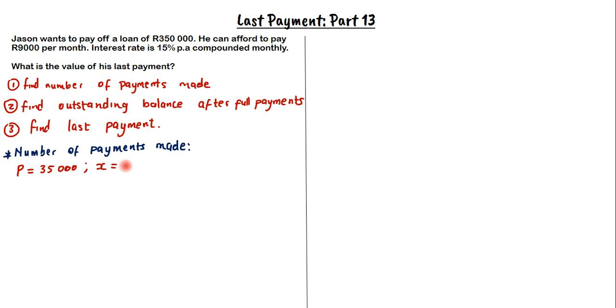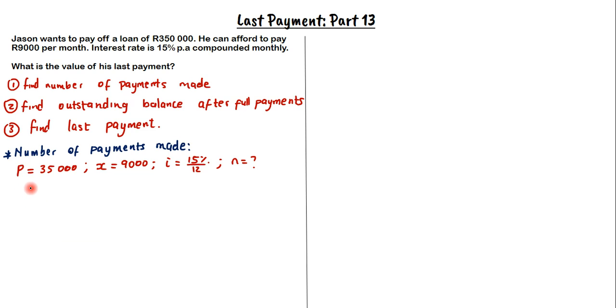The amount of payment per month is 9,000 rand. The interest charged is 15%, compounded monthly. And from here, we need to find n.